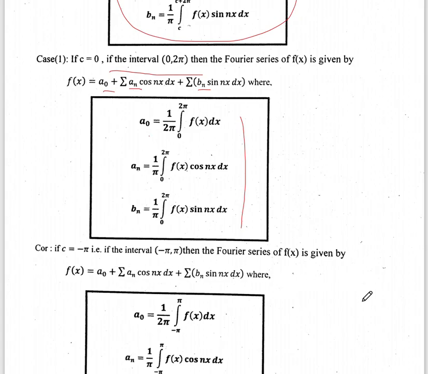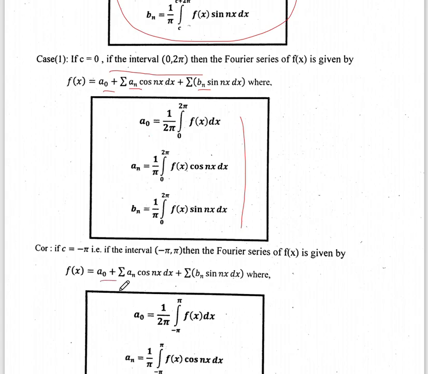Then the Fourier series f(x) is given as f(x) = a0 + summation n = 1 to infinity a_n cos nx + summation n = 1 to infinity b_n sin nx.